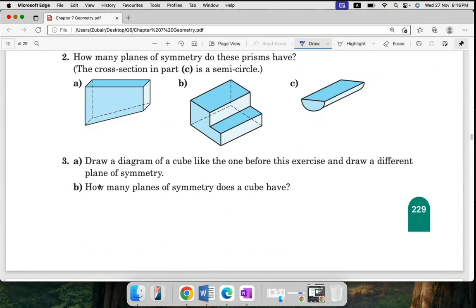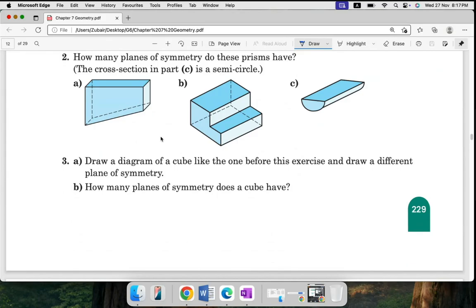Anyone? Sir, the A part has one plane of symmetry.